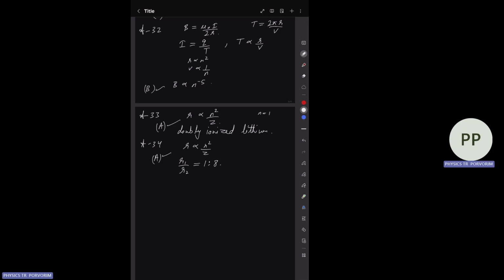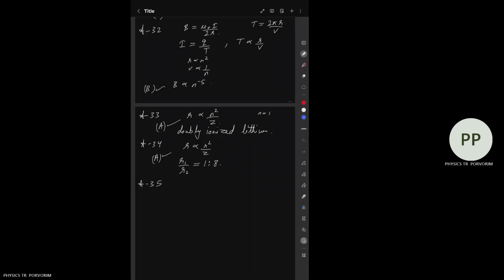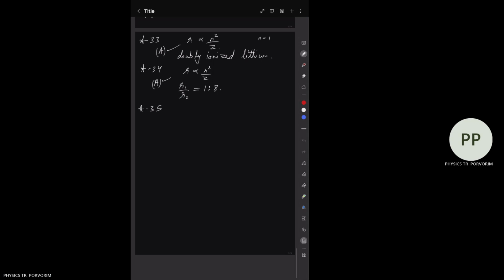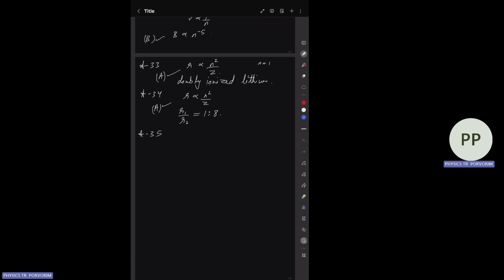Now, 35th question. In the Bohr model of hydrogen atom, the force on the electron depends on the principal quantum number as.